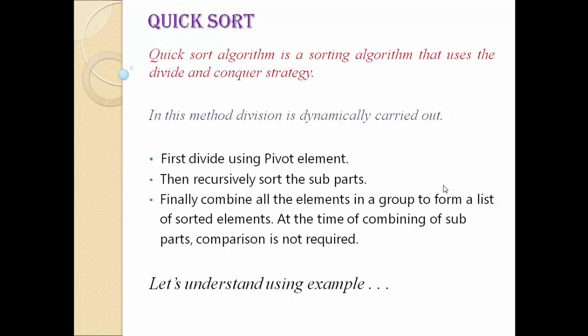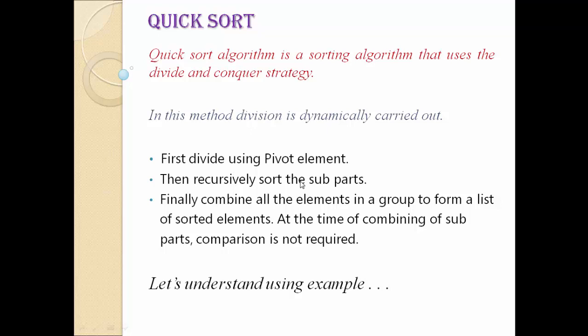When we use divide and conquer strategy, as per the strategy we have to divide the instance into different parts, right? In this quicksort method, the division is dynamically carried out. There are certain steps that we need to follow. The first step is to divide using a pivot element.